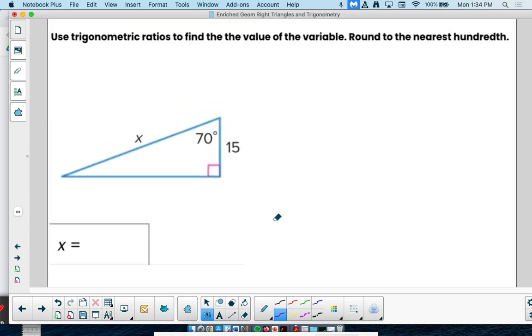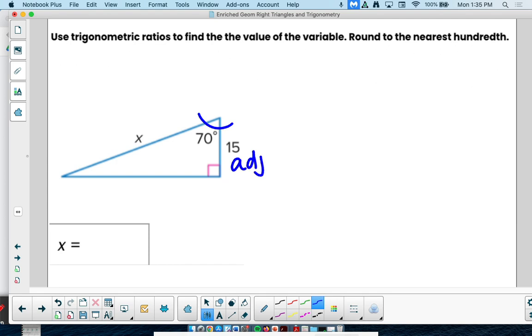All right. Do you guys remember what step 1 was? What do we do first? Label the angle. Yes, mark your angle so we know where we're going from. And then what do we do to our picture? Label our sides. So what is 15 with respect to 70? Adjacent.